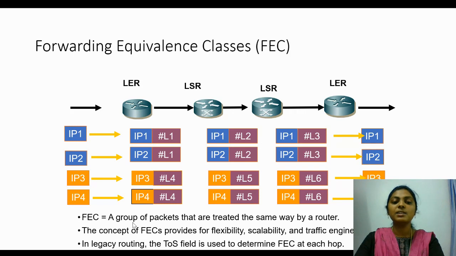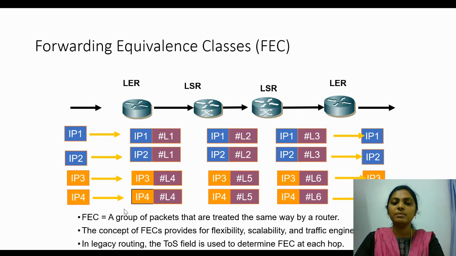So, what is FEC? It means grouping of packets that are treated the same way by any router, and this has a lot of advantages: it provides flexibility, scalability, and it helps in traffic engineering as well. This kind of classification or prioritization is already there in the existing legacy routing concepts.